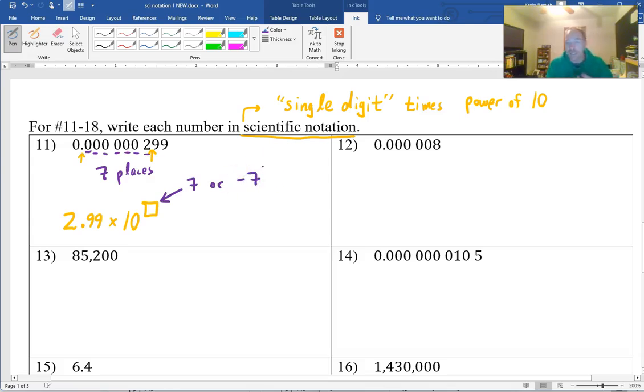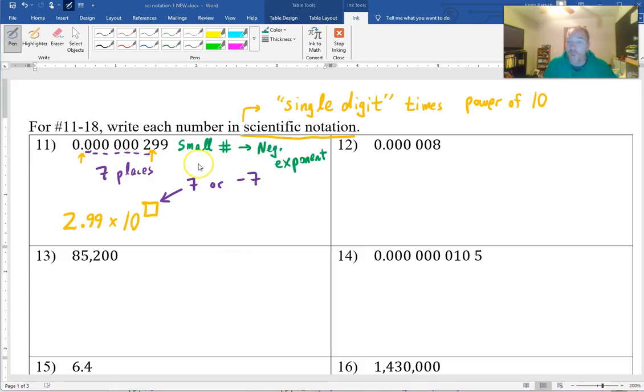Is it 2.99 times 10 to the positive 7th or 2.99 times 10 to the negative 7th? It's one of those. So if you go back to what we said in the first section, if the exponent is negative, then you'll end up with a small number. Here we're just working the opposite way. We're starting with a small number, 0.000 whatever, 299. That's a small number. So then I'm going to have a negative exponent. So negative 7, that's our exponent.